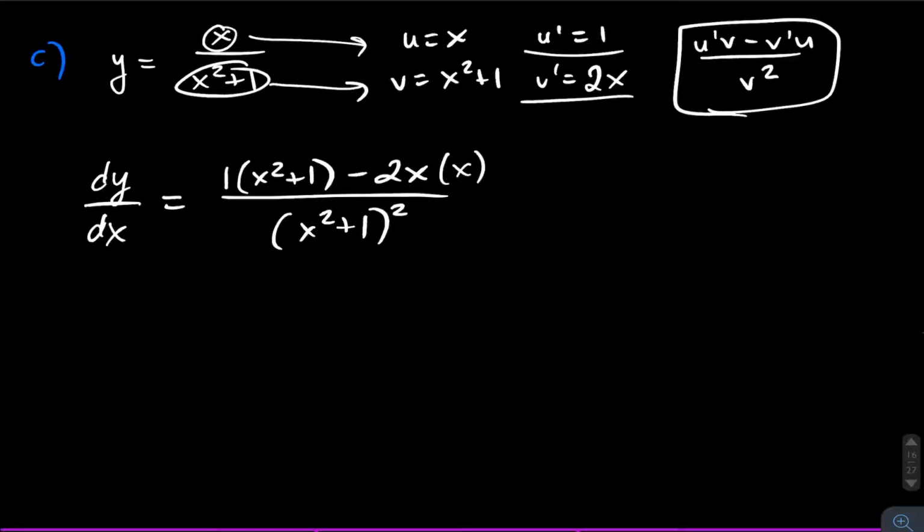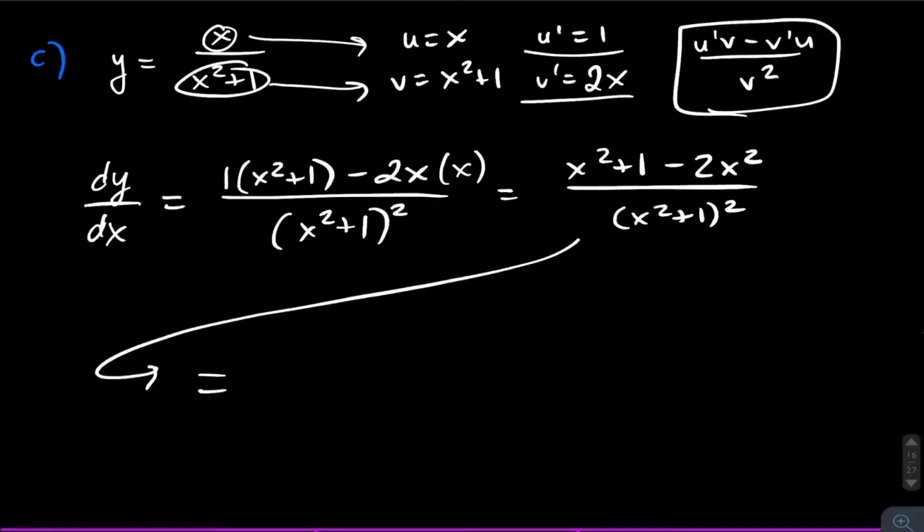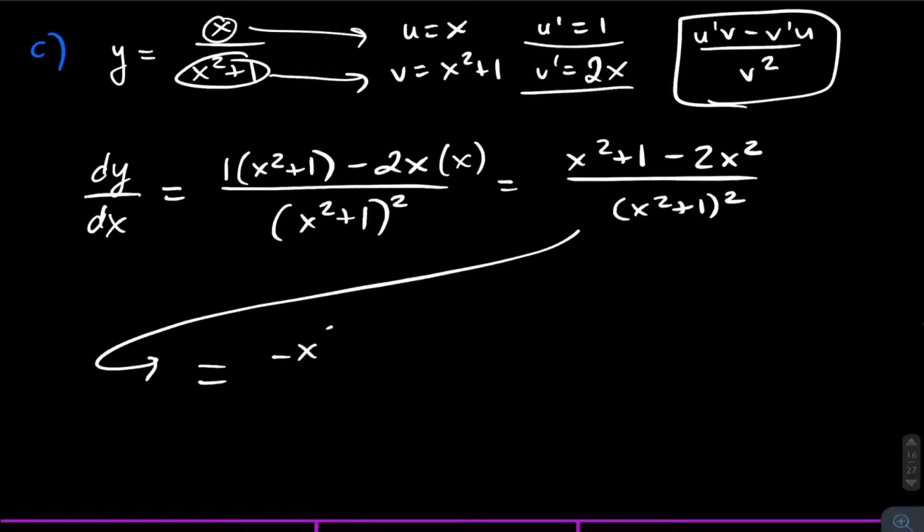Simplifying, we get x squared plus 1 minus 2x squared, and we put that over x squared plus 1 squared. Combining like terms, this will be a negative x squared plus 1 on the top, and an x squared plus 1 quantity squared on the bottom.